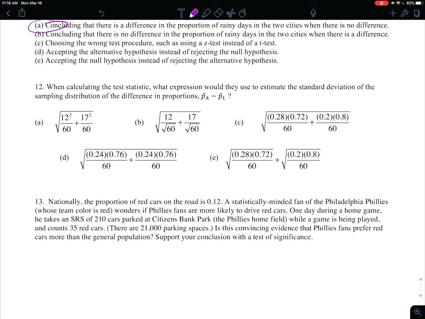And then for number 12 here, the test statistic, what would be the standard deviation for this? And it's a difference of proportions test. So it's the p hat c q hat c over n1 plus p hat c q hat c over n2.